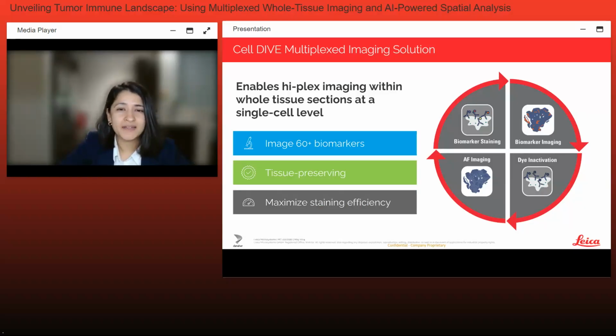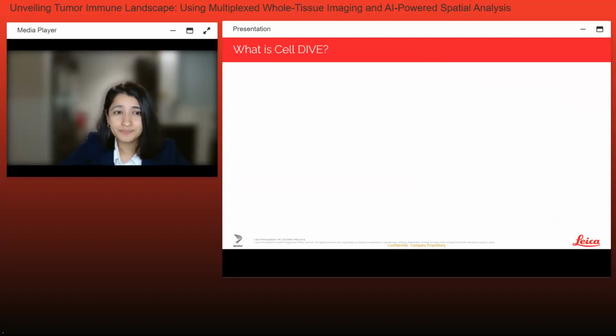Finally, our patented two-step antigen retrieval has been shown to provide better antibody staining and, as a result, maximize the staining efficiency. Now let's get an overview of the CellDive workflow. We begin the process with our tissue sample.